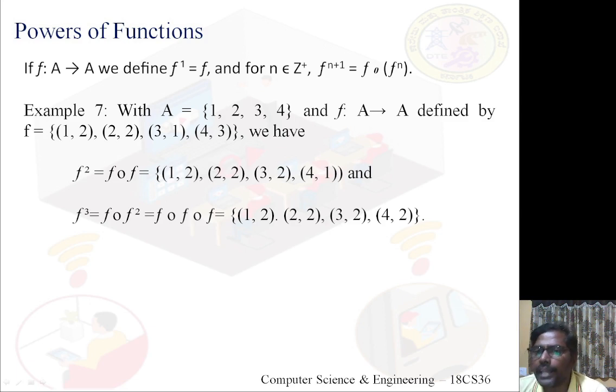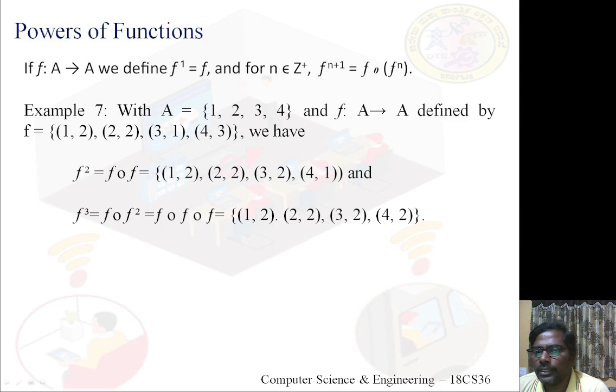It's like a recurrence relation, a recursive function. So f to the power 1 equals f is an initial condition, and for n belongs to Z plus, the recurrence relation is f to the power n plus 1 equals f dot f to the power n.